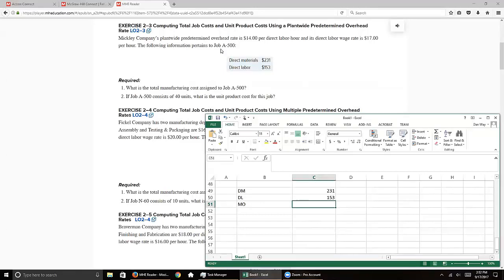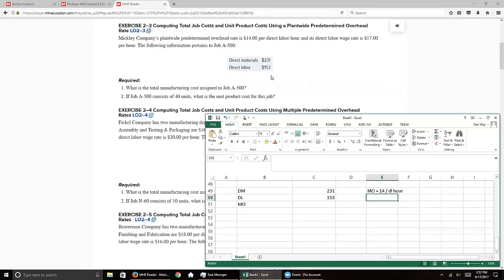Well, I know that my predetermined overhead rate is $14 per direct labor hour. So I'll put that over here: MO, $14 per direct labor hour. How many direct labor hours did job A500 incur?